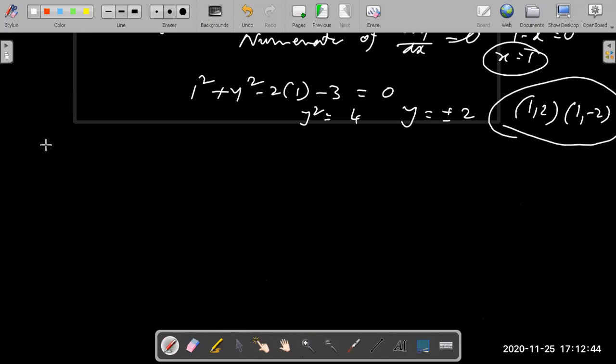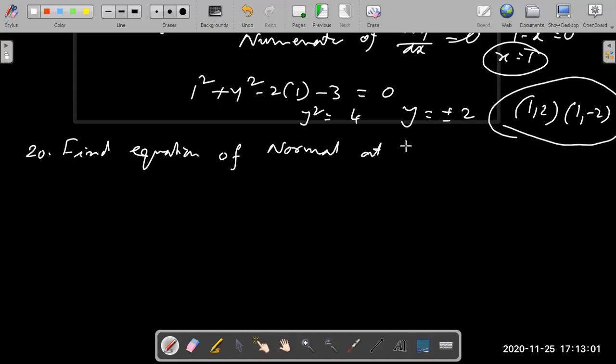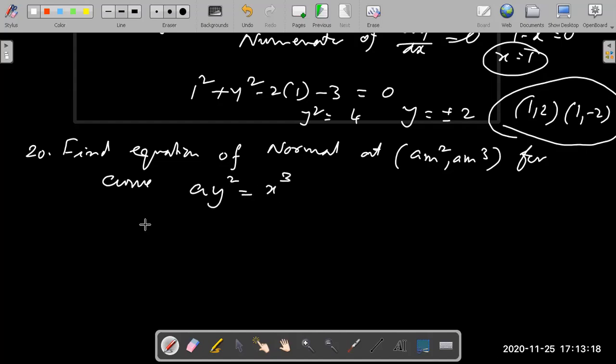So find the equation of normal at point (am squared, am cube) for the curve a y squared equal to x cube.